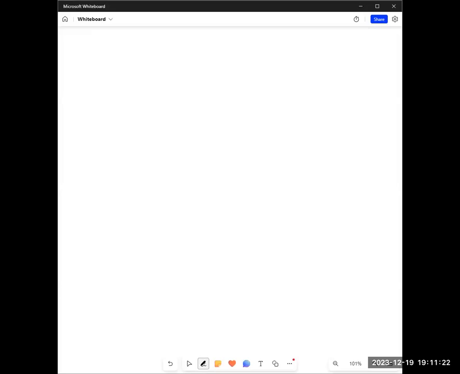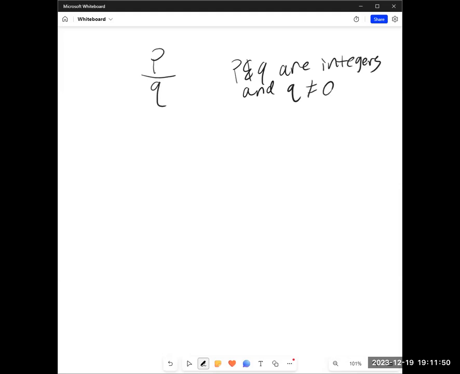So the first definition here: the set of rational numbers is the set of numbers in the form of P over Q, where P and Q are integers and Q is not equal to 0.